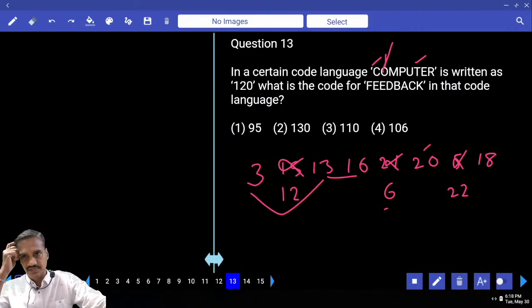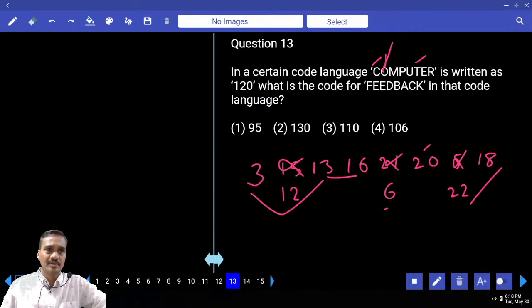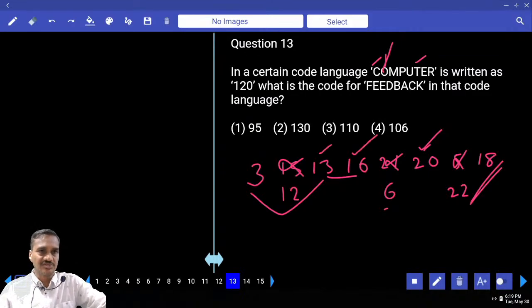And 50 plus 20, 70. 70 plus how much? Does it match? And 70 plus 20, 90. 90 plus now 40. And the total value is 120. Now did the value match or not? Addition. Now 3 plus 12, 15 plus 13, 28. 28 plus 16 is so much?